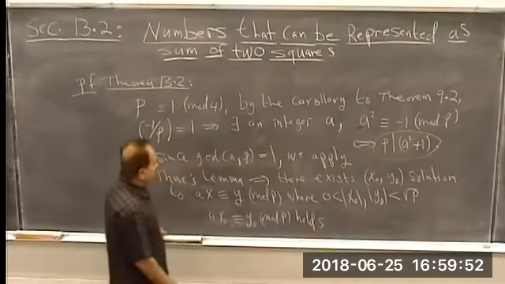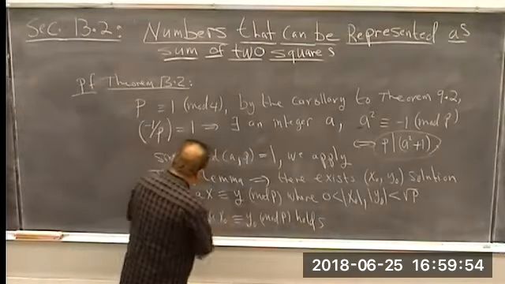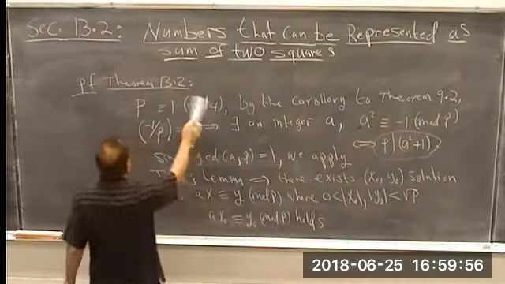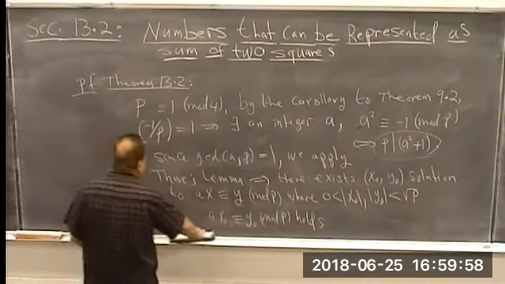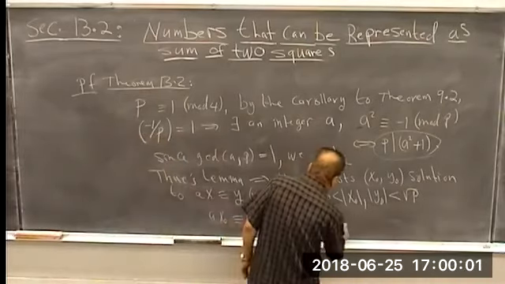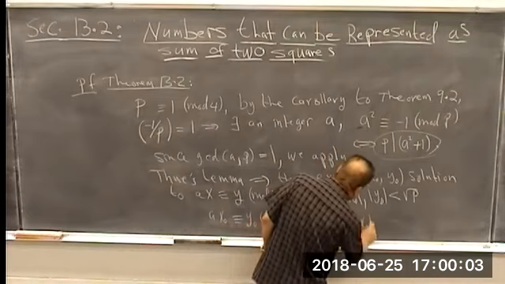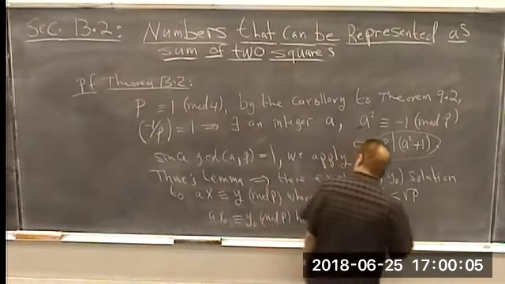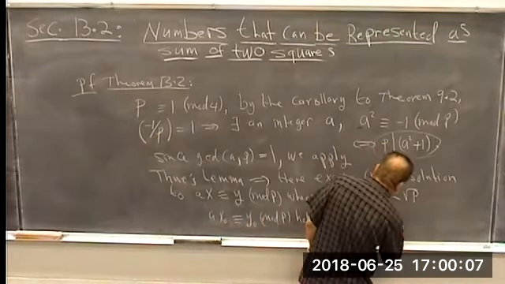Then I'm going to square both sides of this congruence. Okay, so if this is true, then the square is true.